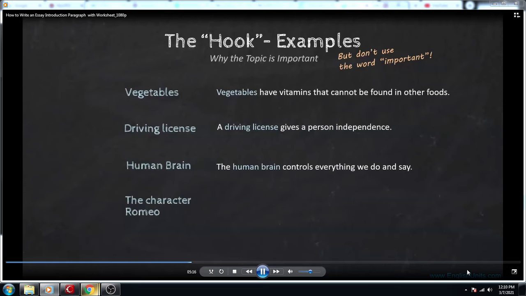And finally, if you're writing an essay about a topic in literature like the character Romeo, you could begin your essay with this sentence. Romeo is one of Shakespeare's most famous characters. Do you see how all of these sentences tell why the topic is important, but they don't use the word important? That's a good solid way to start the essay about these topics.